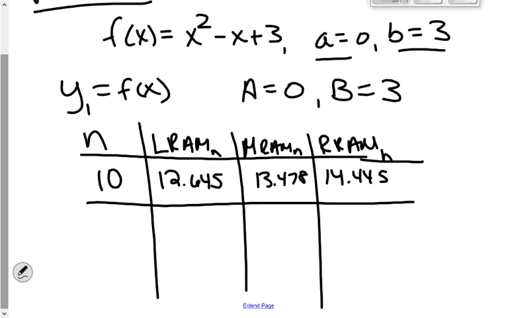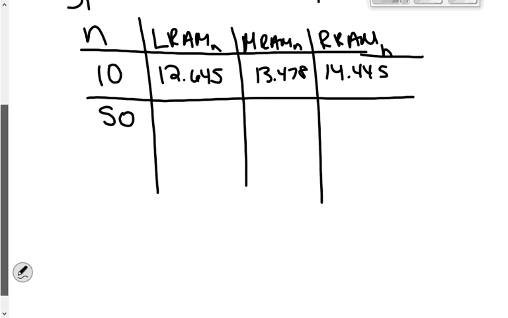So let's increase the number of subintervals. Let's go to 50. So run the program again.